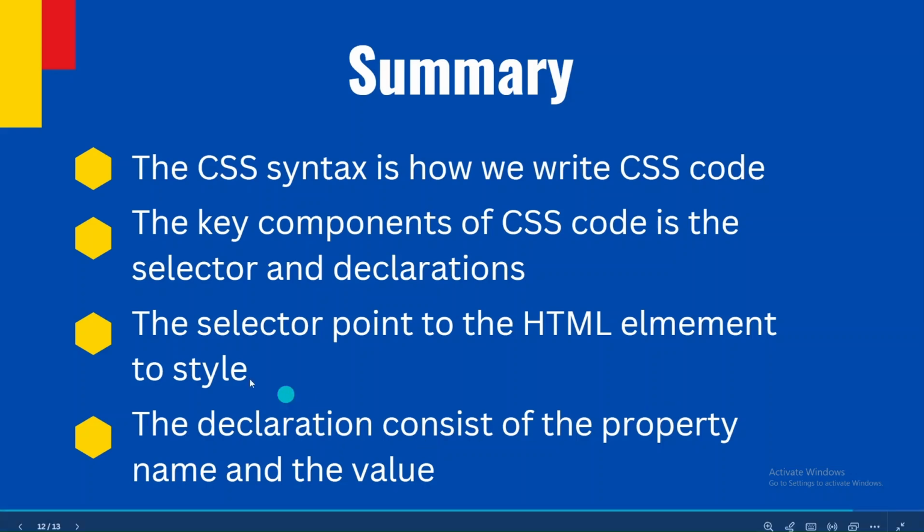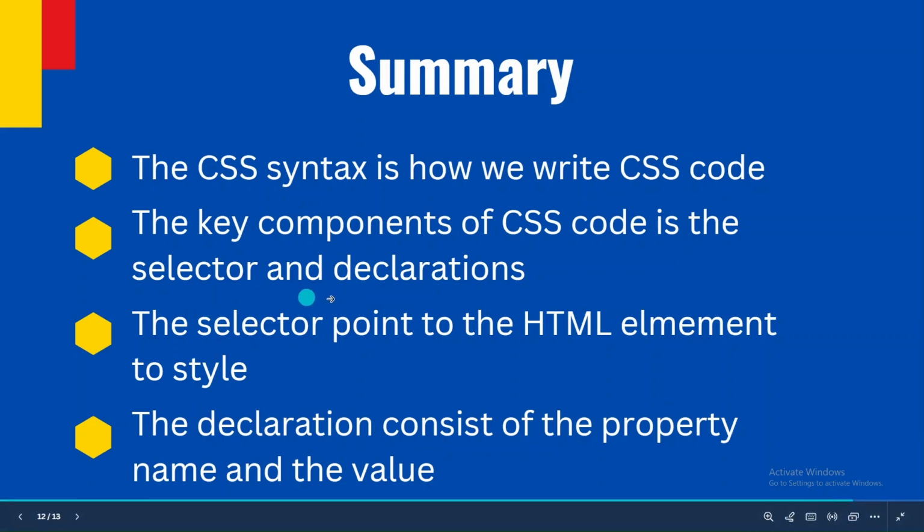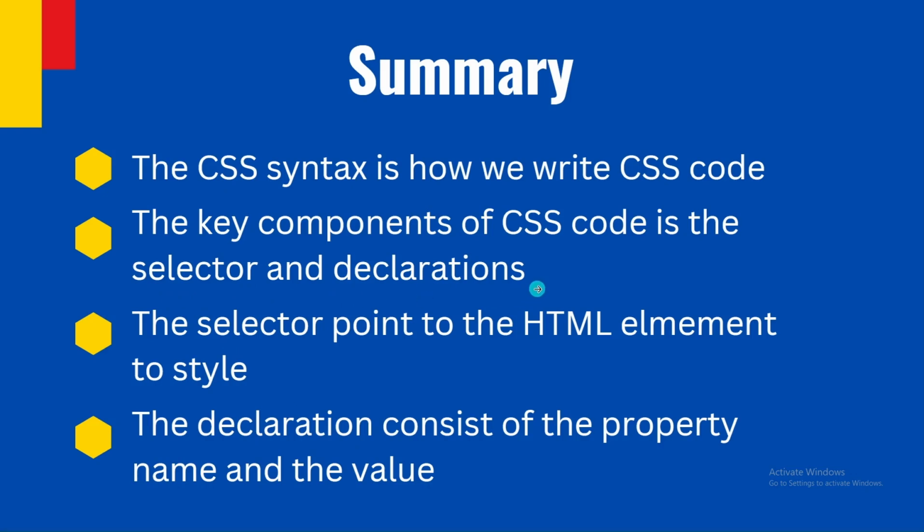You will need the selector and declarations. What is the selector? The selector points to the HTML element you want to style. So any HTML element you want to style needs to be at the selector point.